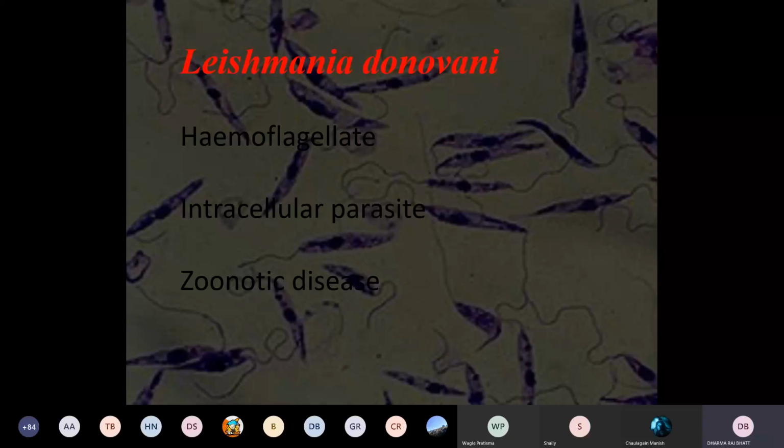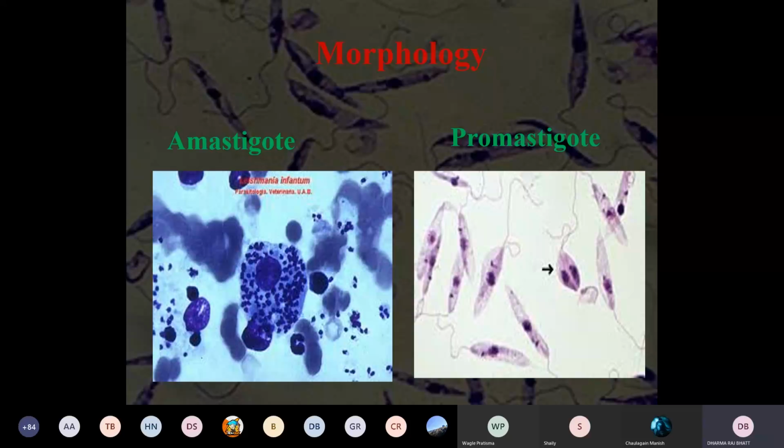Not always, but we may get it from animals also. So the vector we have is a sand fly, and transmission occurs either from infected human beings or even from infected animals, mostly dogs.